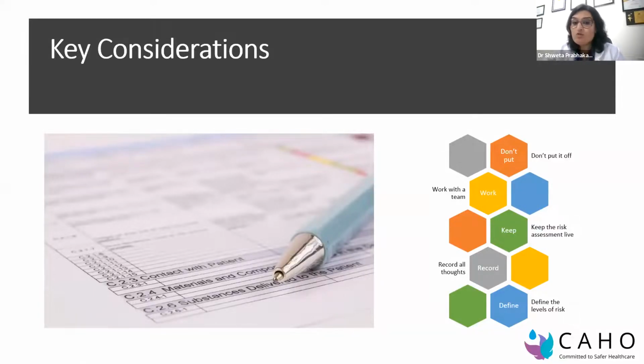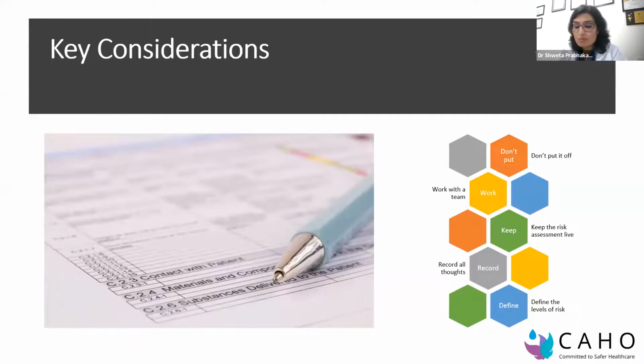Don't put it off. The risk assessment should not be put off. It should be continued. I'll explain to you, it should be an annual exercise, because in a hospital setup there are multiples of equipment being handled, from small equipment to large equipment.